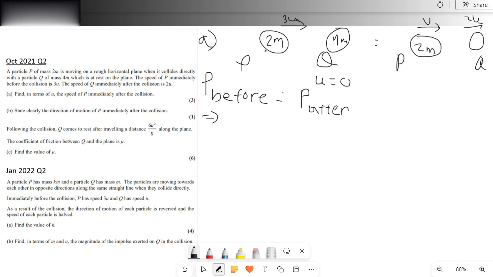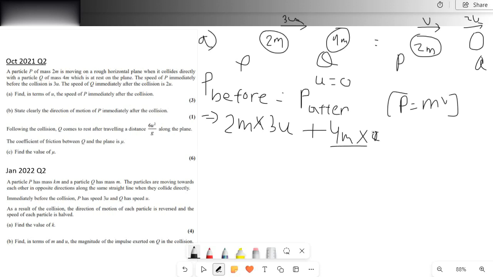Therefore, P before was the momentum of P, which is 2m multiplied with 3u. As we know, momentum is equal to mv, mass into velocity, plus 4m multiplied with 0, yielding 0 because it is at rest, is equal to 2m multiplied with v, which is the final velocity that we don't know.